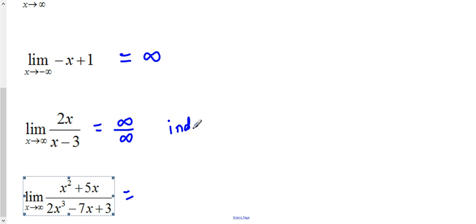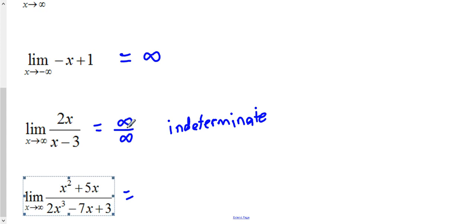Just like 0 over 0 was not 1, right? Each different problem led to a different answer depending on the situation. That's what we mean by indeterminate form. It's going to be a different situation depending on what functions are on the top and what functions are on the bottom. So infinity over infinity requires further exploration and a much slower, step-by-step figuring out of what's happening.